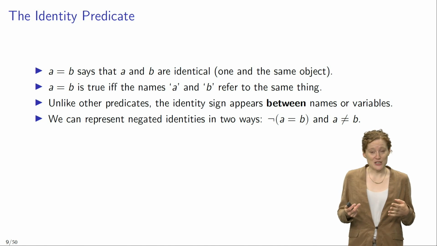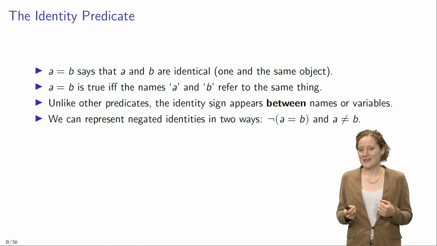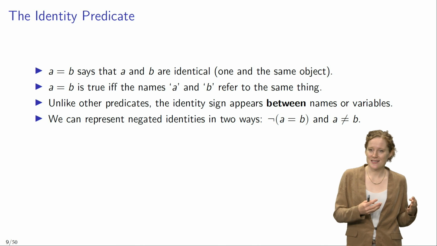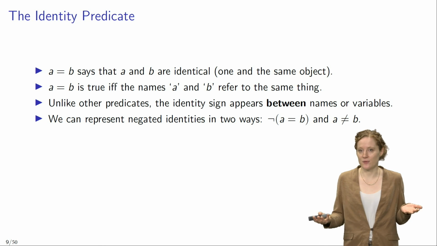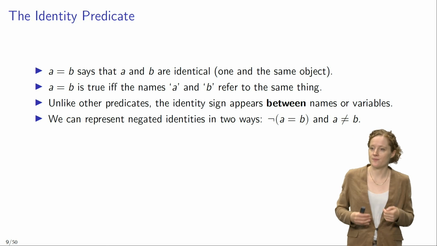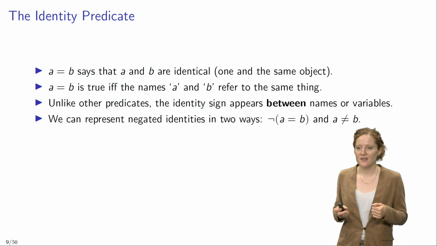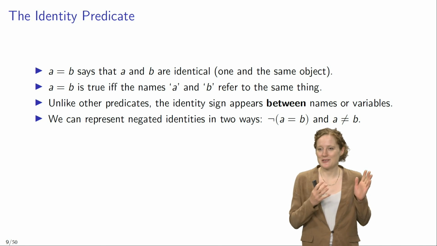Now we have special notational conventions for the identity sign. In particular, unlike other predicates, the identity sign may appear between names or variables. So as we have just seen, A equals B is a complete sentence. Other predicates always appear in front of names, not between them. And we can represent negated identities in two ways.